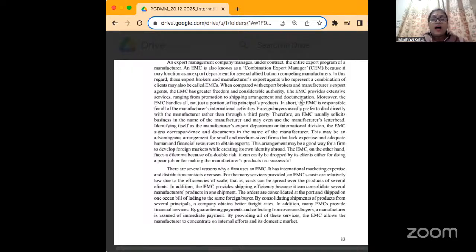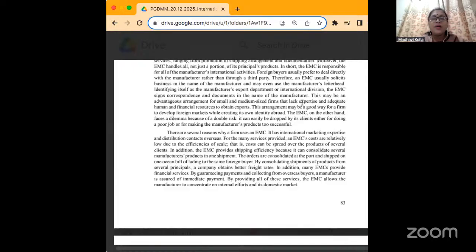So here, another difference is that, unlike an agent, the EMC also solicits business in the name of the manufacturer and not necessarily under their own name.